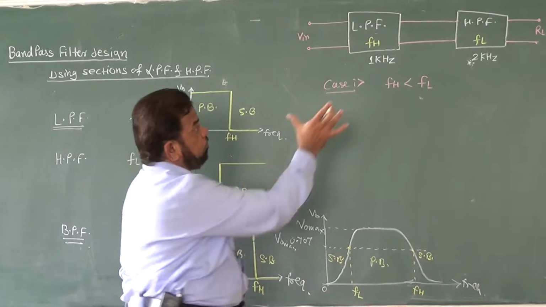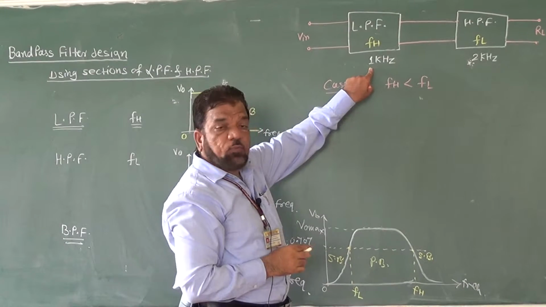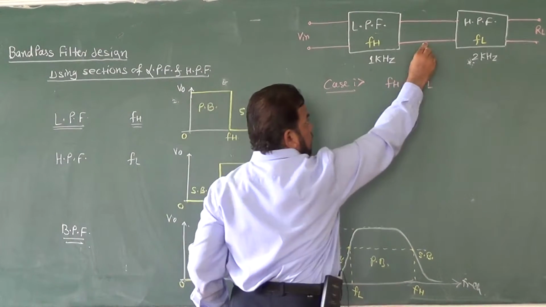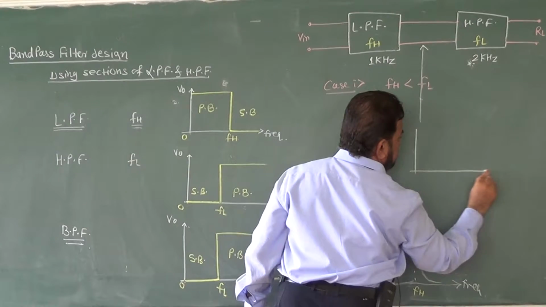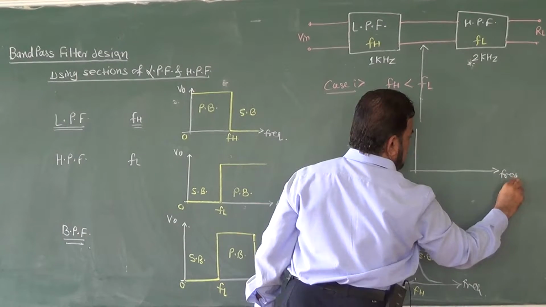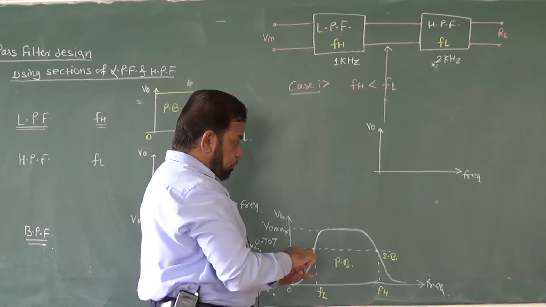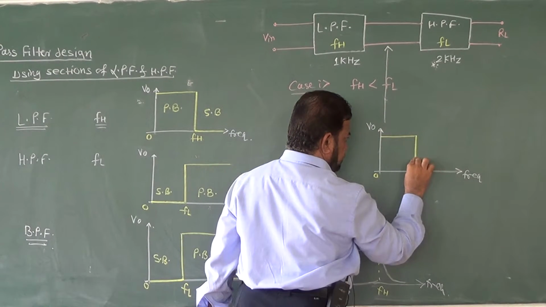So the first circuit, the low pass filter, will transmit the frequencies between 0 to 1 kilohertz. If I draw the ideal frequency response, this is the frequency, this is the output voltage, and there is transmission between 0 to 1 kilohertz.